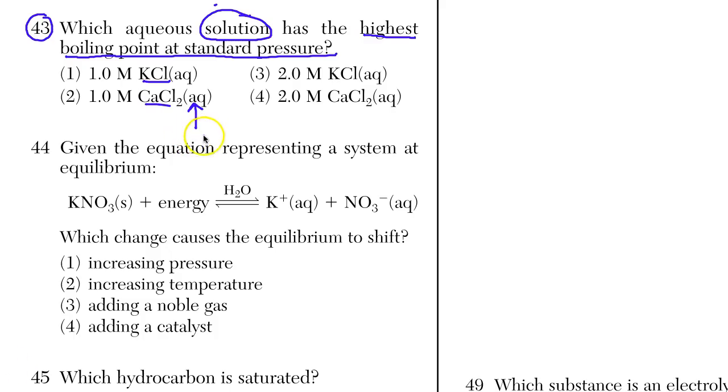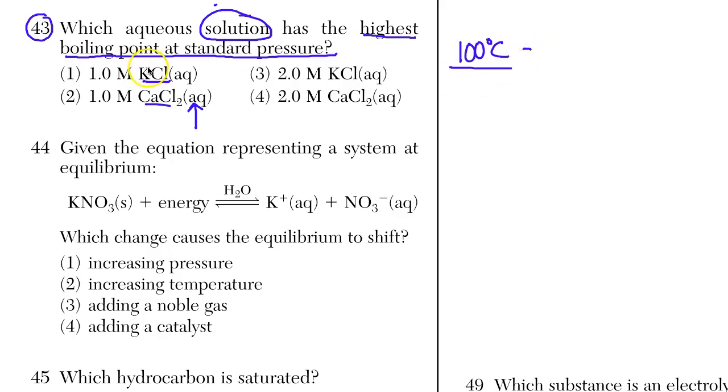Aqueous means water is mixed with this solute particle. Now we need to understand colligative properties, a type of property which is dependent upon how many particles are getting in the way of the water. We know water boils at 100 degrees Celsius at standard pressure. In fact, table H shows us how vapor pressure and temperature change.